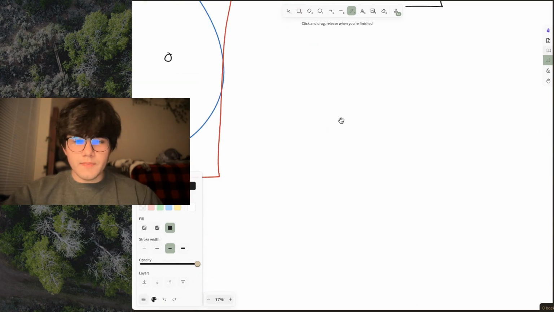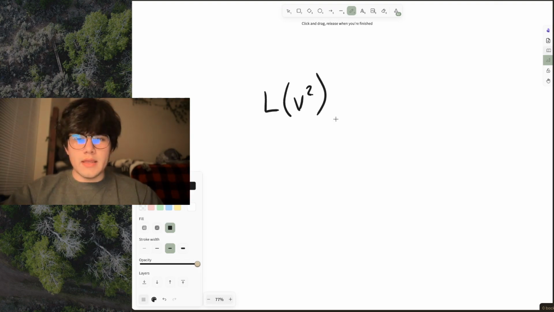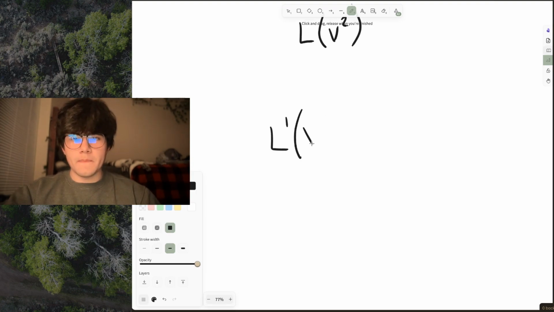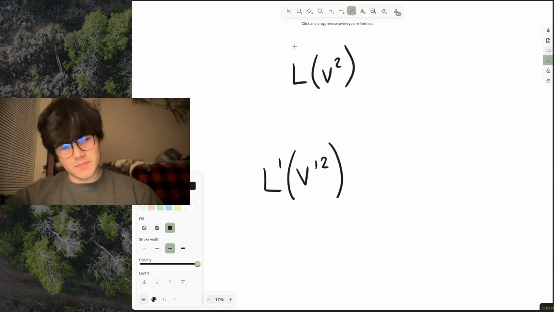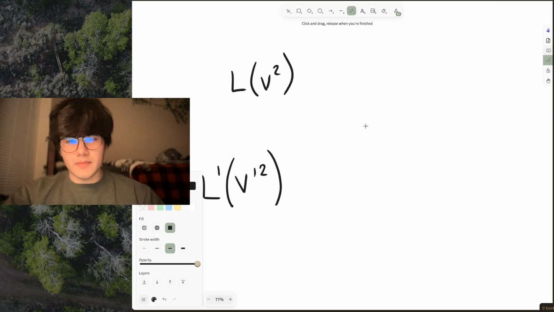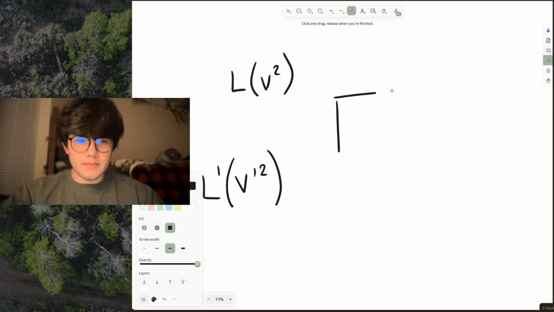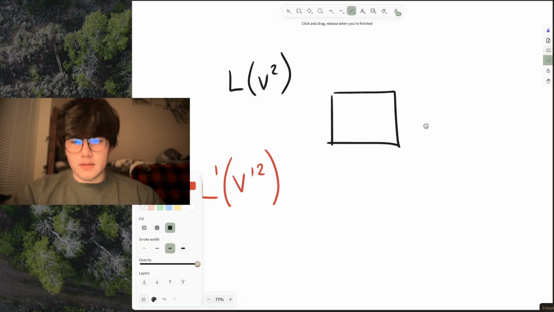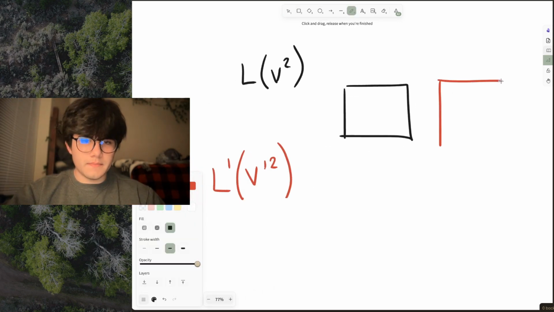So our Lagrangian is some function of velocity squared. And let's imagine another frame, or another Lagrangian, L prime, that is moving at the velocity v prime. To imagine this, we'll say that L is in this system here, and L prime is this frame here.